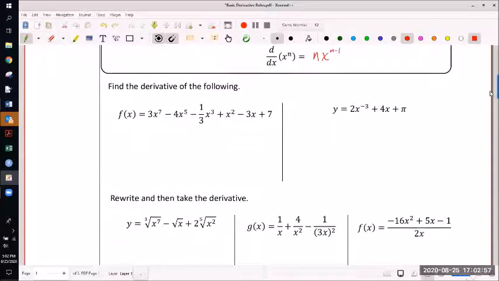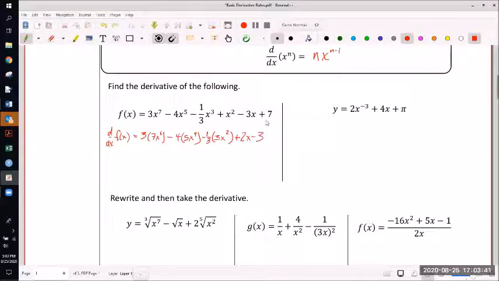So let's apply these rules now to find the derivative of this function here. For this first term, we'll pull the 3 out front and then just take the derivative of x to the 7th. So that would be 3 times 7x to the 6th. And then we're going to have 5 times x to the 4th minus 1/3 times 3x squared plus 2x minus 3.